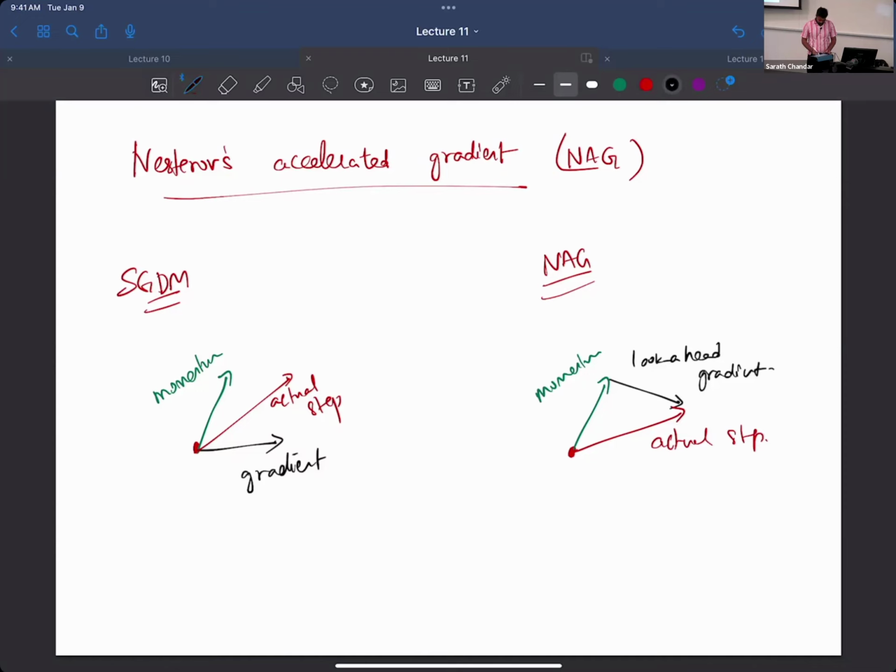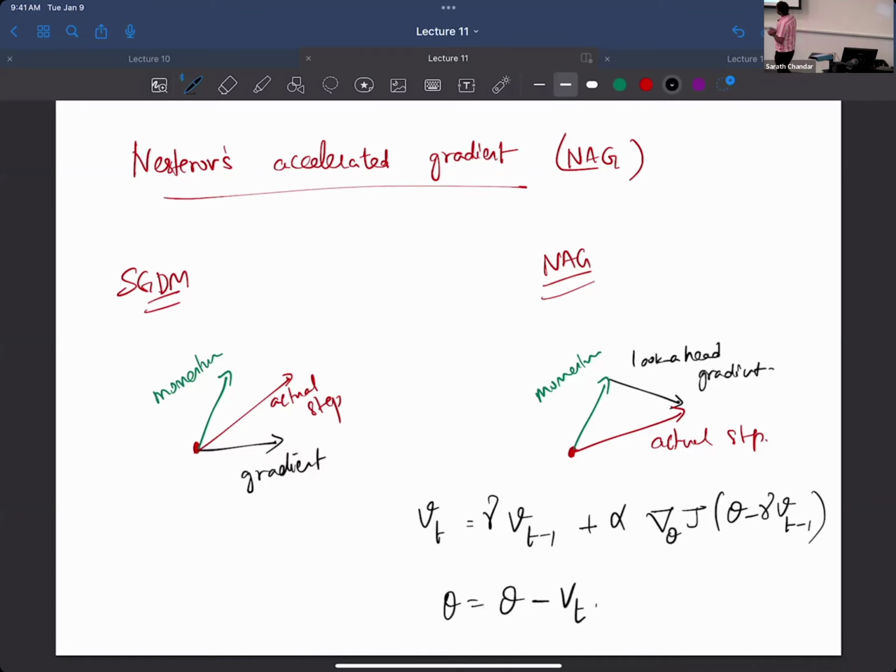Now, if I have to write an equation for this, Vt is going to be gamma times Vt minus 1 plus alpha times the gradient, but not at theta. It's actually at theta minus gamma times Vt minus 1. Then theta is equal to theta minus Vt. Is that clear?